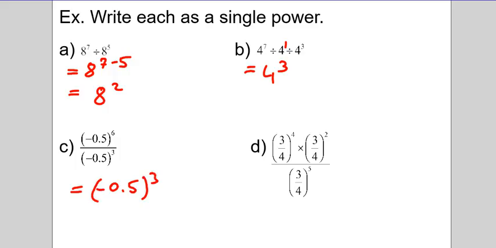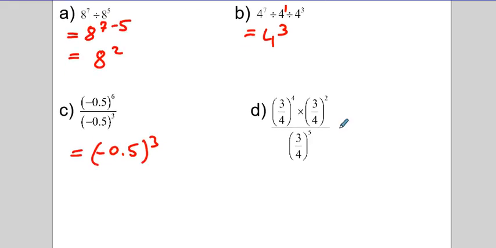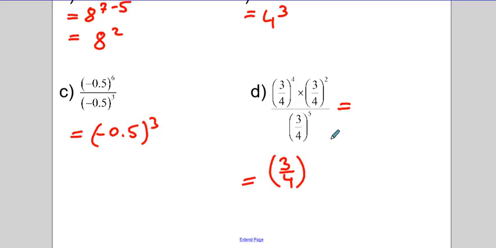Now this one is a combination. You have multiplication and you have division. What do you think the strategy would be here? Okay, so let's do that. We're going to add up the top one, so we're going to write it as a single power up top, which is 3 over 4 to the power of 6 over 3 over 4 to the power of 5.